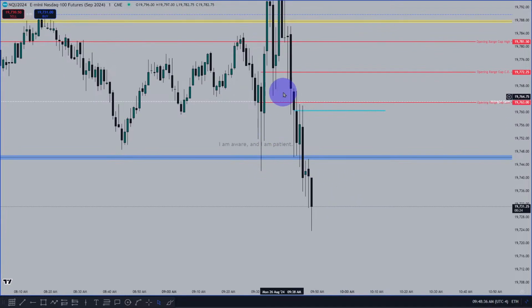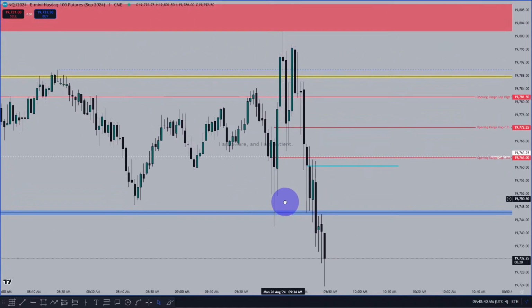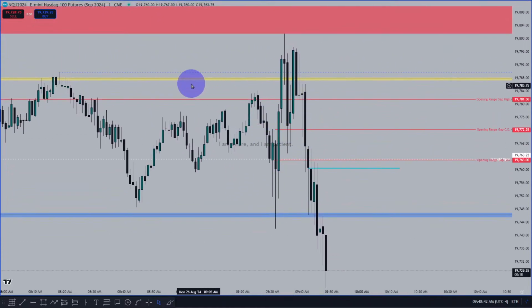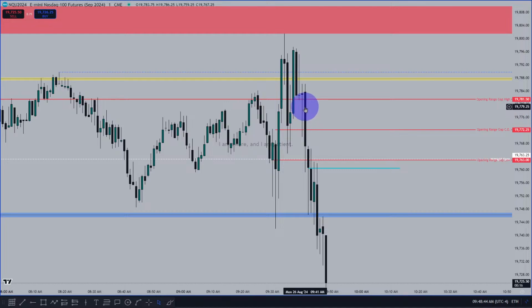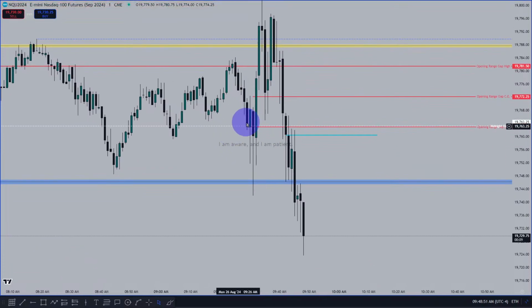After we got this inversion here, you can start anticipating that this is going to be taken out, because why else would we inverse this if we are going to respect this soup? So once we inverse that, you can see this soup respect this small 15-minute body gap here, and we have that drop lower to this low.